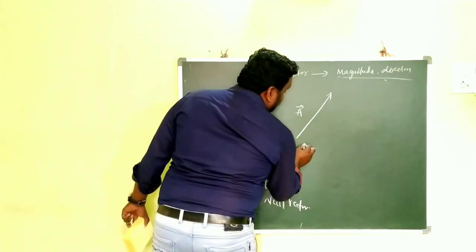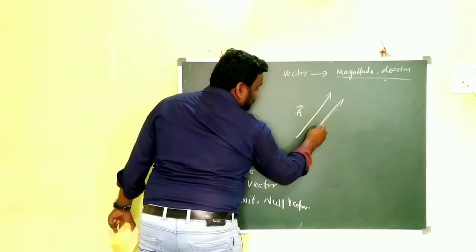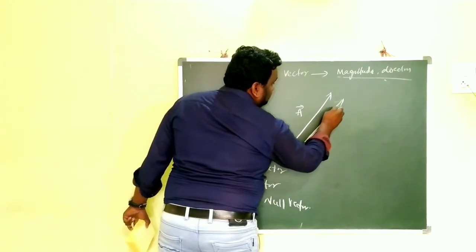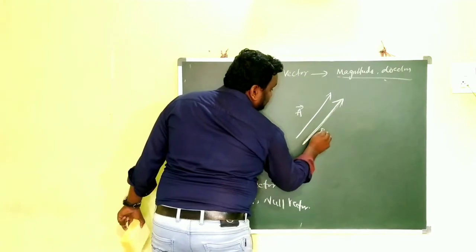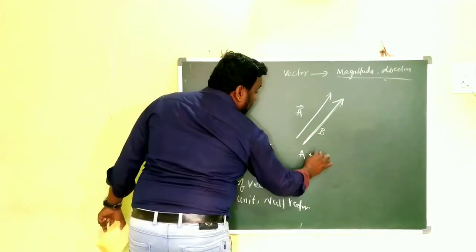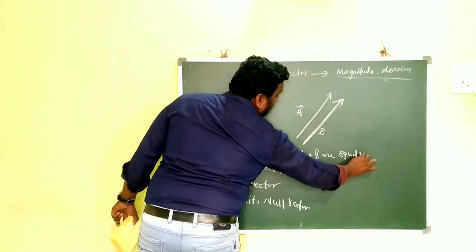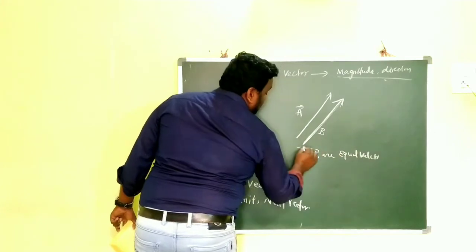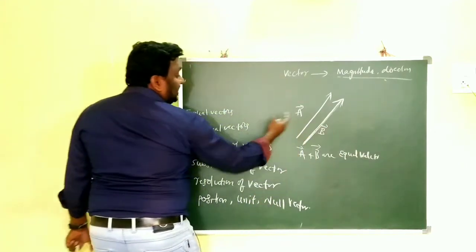And this is another vector B. Now in this case A and B are called equal vectors.